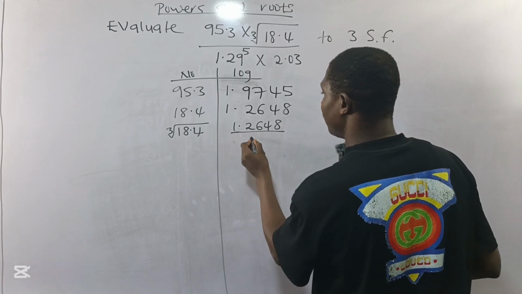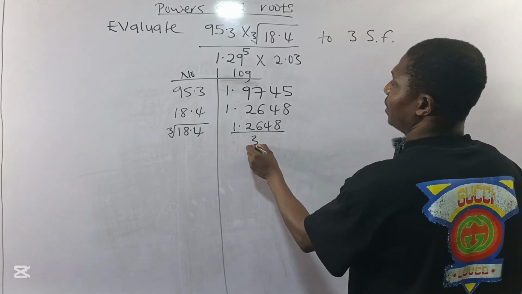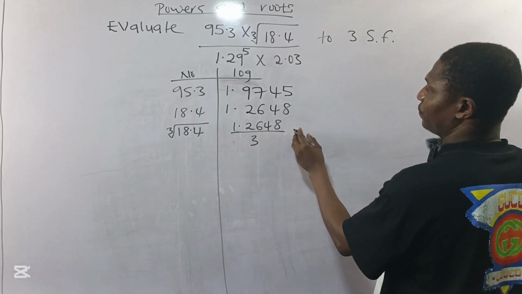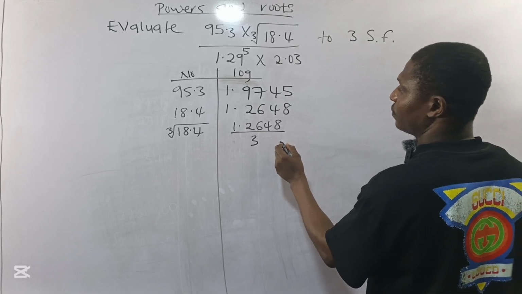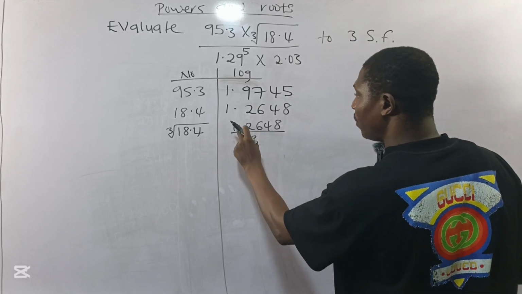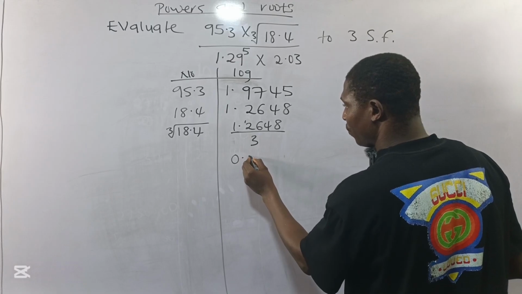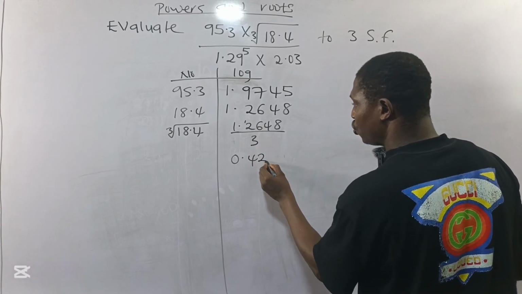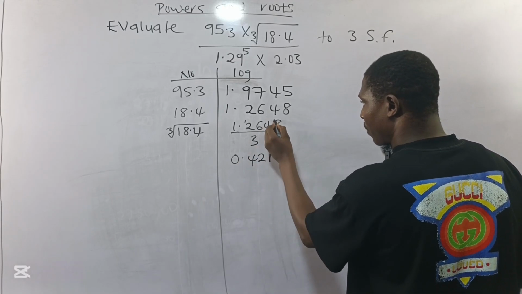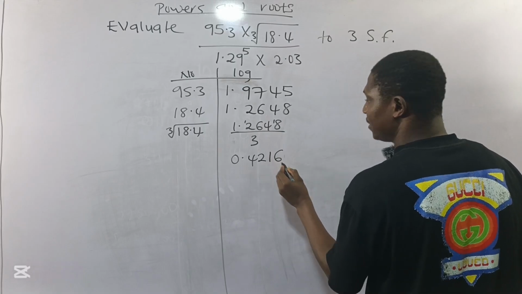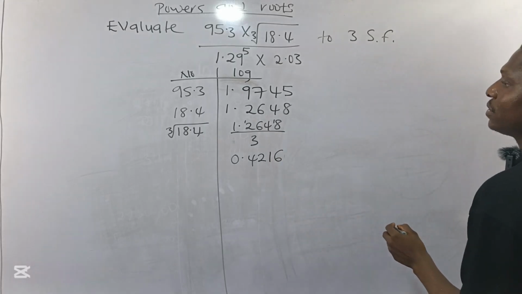1.2648 divided by what? 3. And that will give you 1 divided by 3 is 0. Into 12 will give you what? 4. Into 6 will give you 2. Into 3 is 1 remainder 1. Into 18 is 5, 6. So we've gotten this.